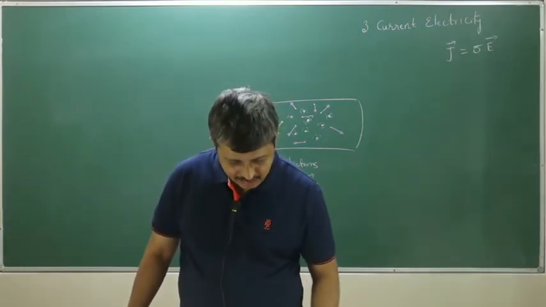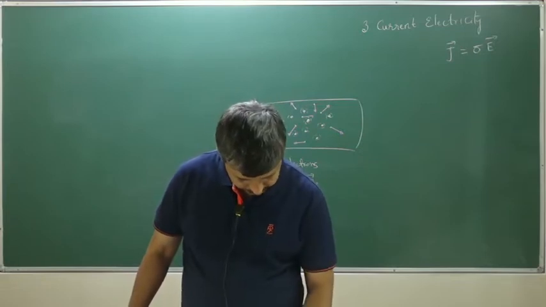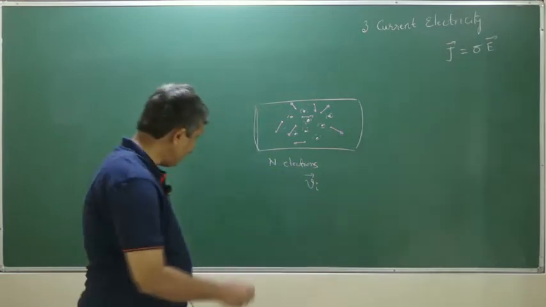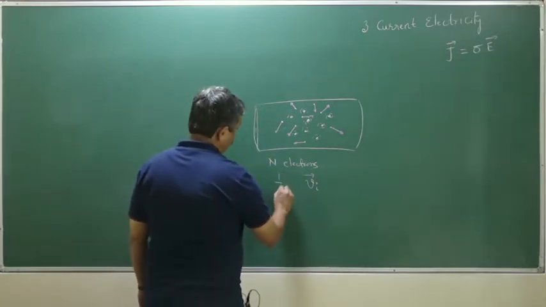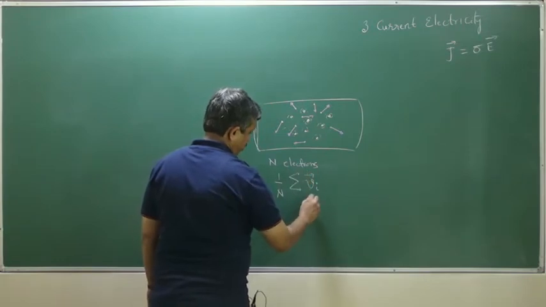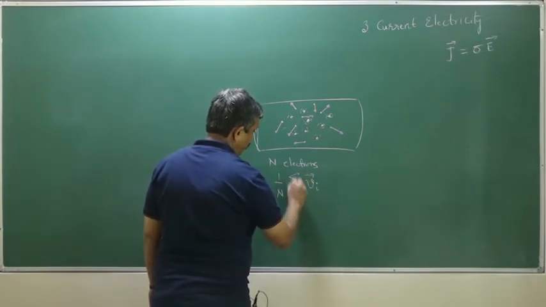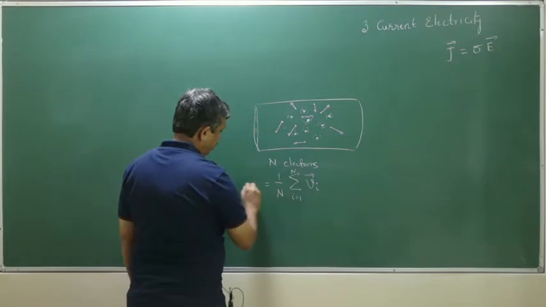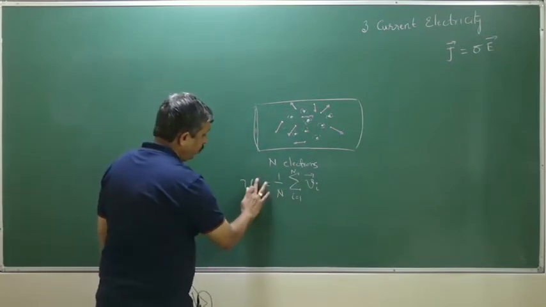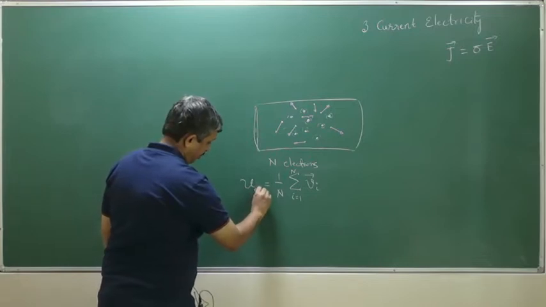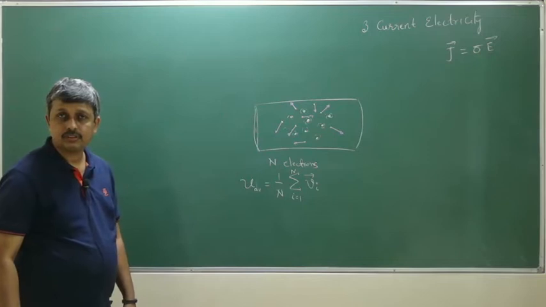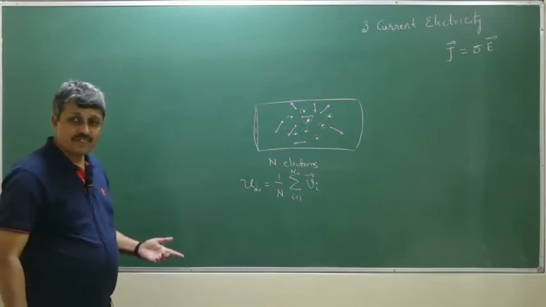So what is the average velocity? Average velocity is nothing but 1 by n into sigma Vi for i equal to 1 to n. I will call this U average. What is the meaning of U average?